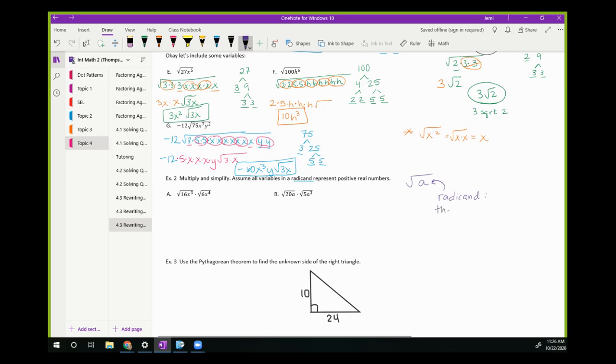And it's the term under the radical. Could also be an expression, but we're not going there right now. So the radicand, it's the name for what's underneath the radical. For this exercise, multiply and simplify.